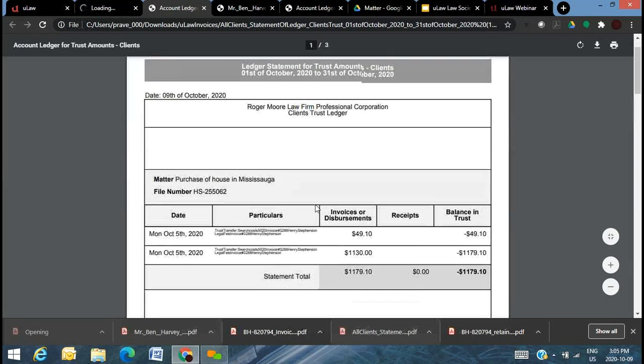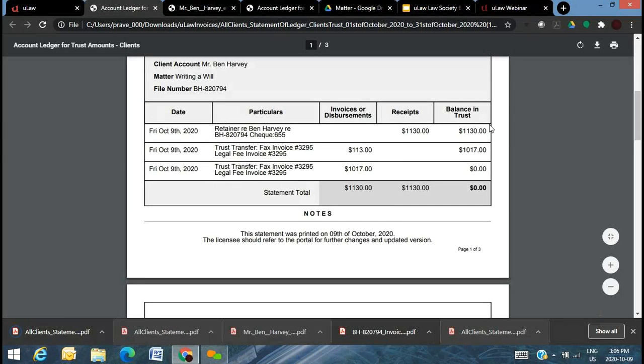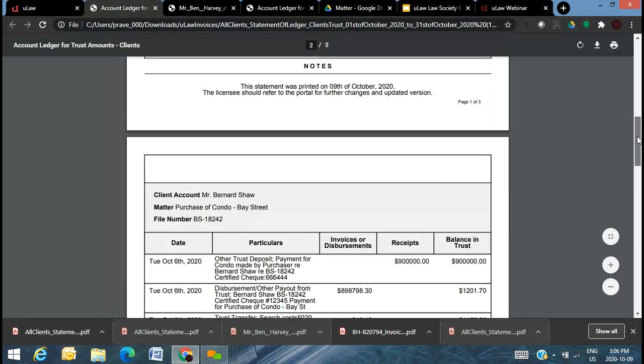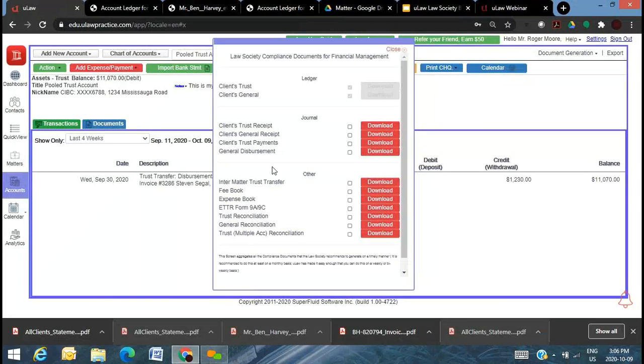First show you the trust ledger. If you remember, the previous time we did Ben Harvey, that was just the retainer that was involved. But now you've got $1,017 remaining with a balance trust of $0. Okay, so 1,130 was taken away.